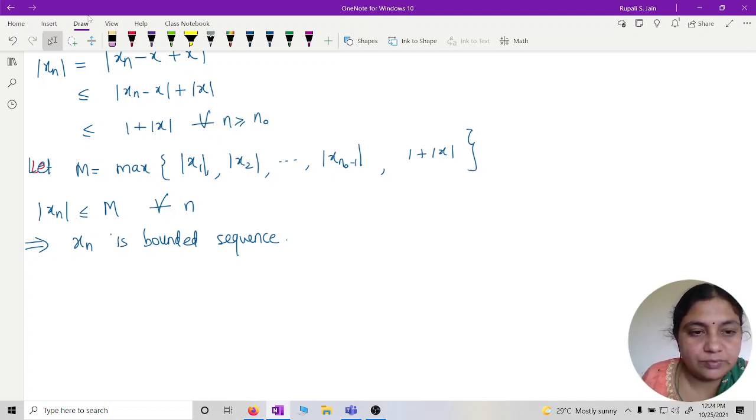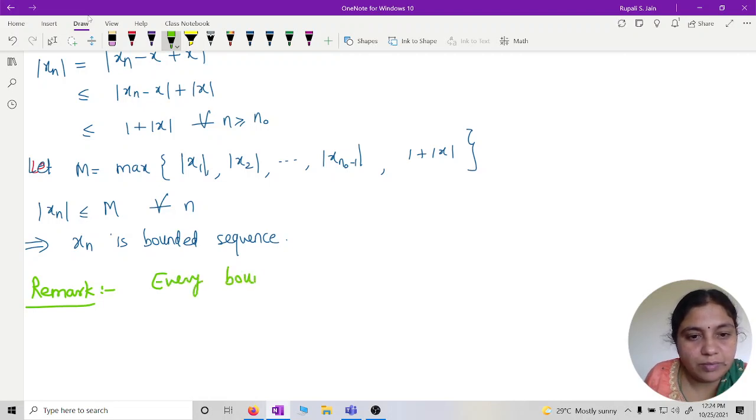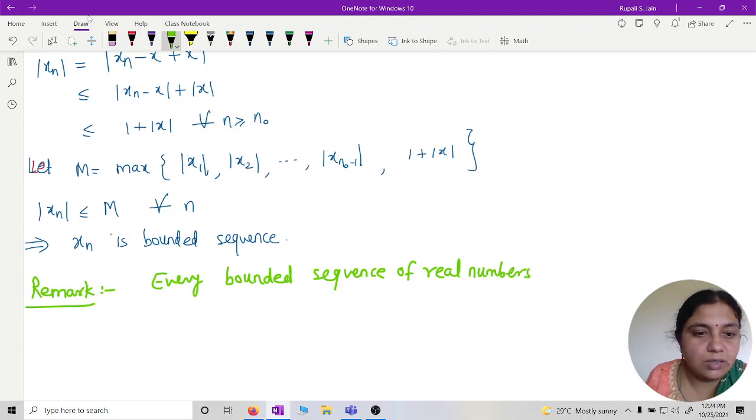Remark: every bounded sequence of real numbers need not be convergent.